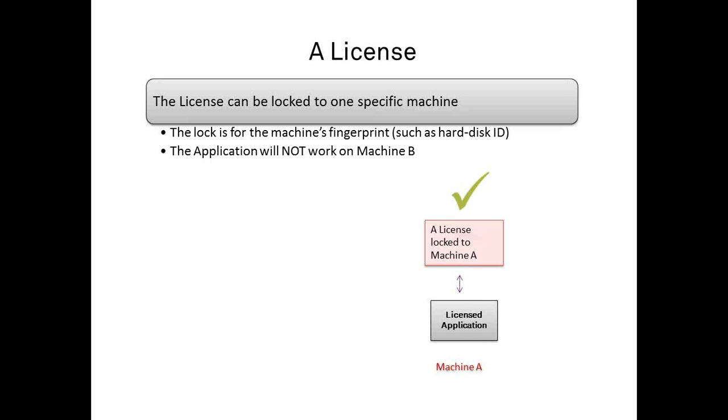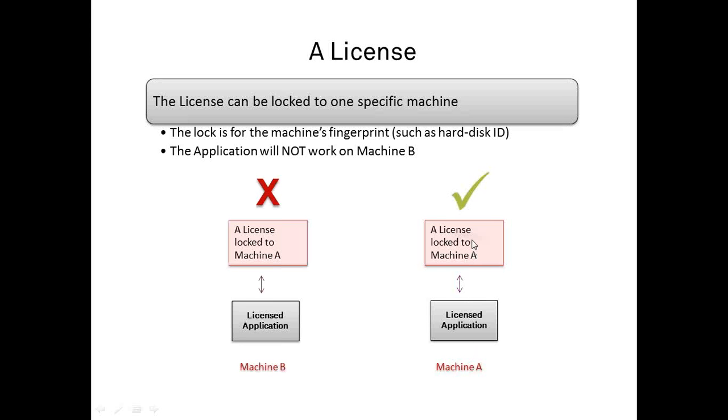So this machine has its own hard disk ID, and therefore the license knows what the ID is and saves it inside the license, of course in an encrypted way, in a way that nobody will be able to abuse it or to change it. And so the license now knows that if the machine has really the same hard disk ID as the one saved here, then it will be working.